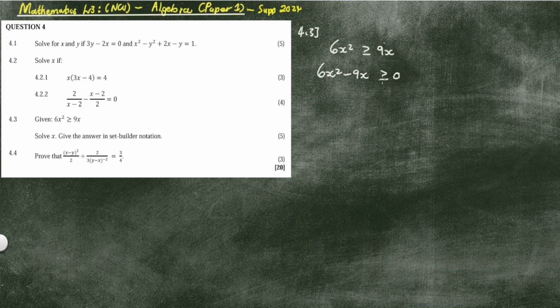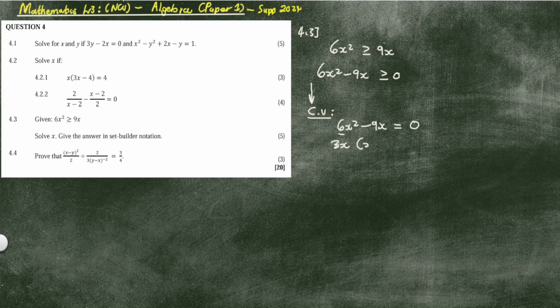At this point, you now have the equation in standard form. The next step would be to calculate the critical values. We now replace the inequality sign with an equal sign. There's a common factor, which is 3x.